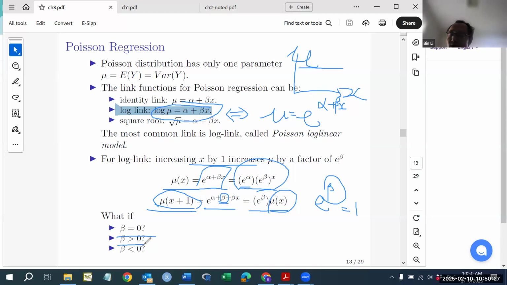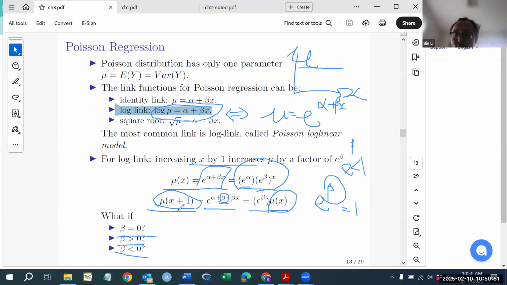If beta is positive, then when we have a 1 unit increase in x, the expected count will also increase, and the rate of increase is e to the power of beta. When beta is less than 0, e to the power of beta will be less than 1.